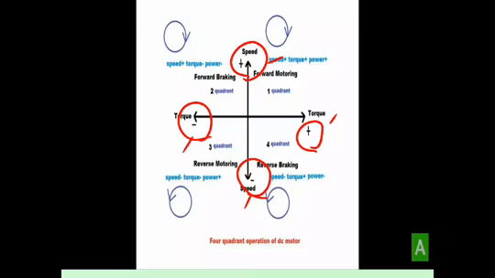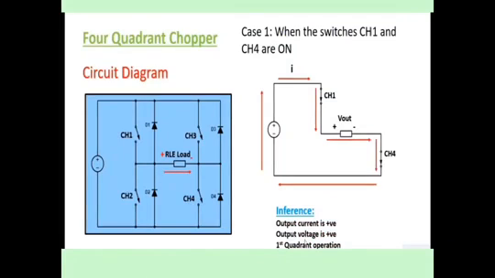Now we'll go into your chopper quadrant operation. This is your circuit diagram, which shows the 4 quadrant operation of chopper. I will explain one by one the first, second, third and fourth quadrant.